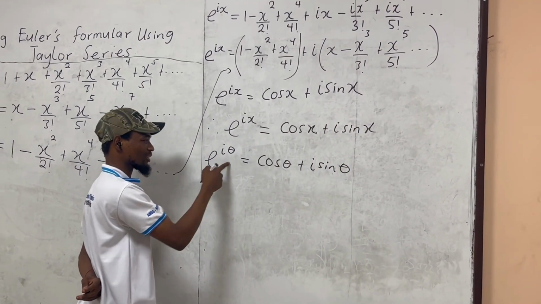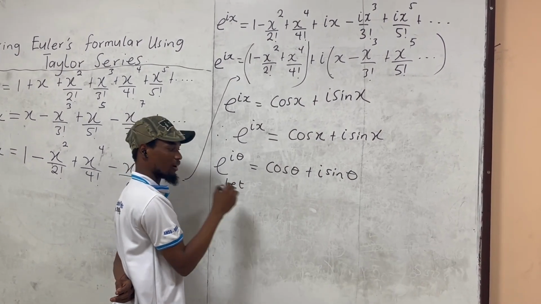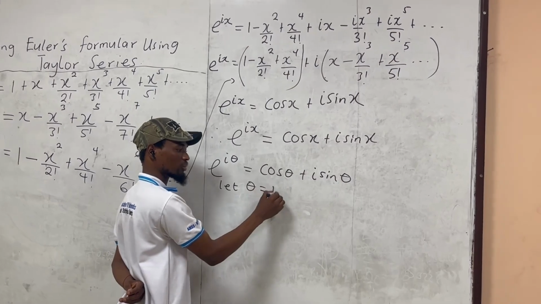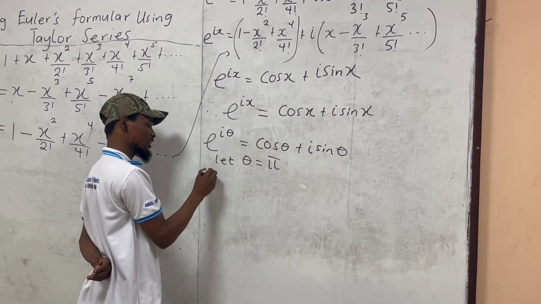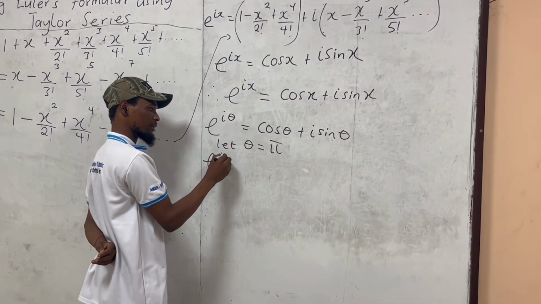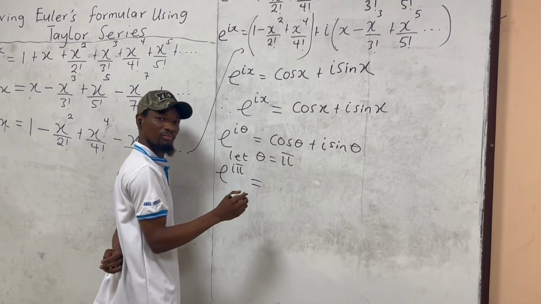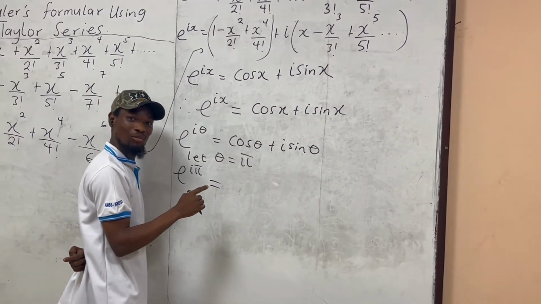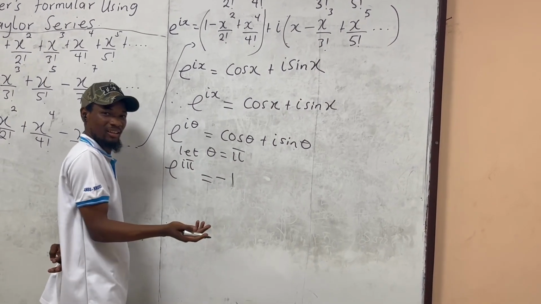And we said that, okay, let theta equal pi. What happens? Say e to the power i pi is equal to, remember we said it's equal to negative what? 1. Negative 1. How? Why? Do you get it that way?